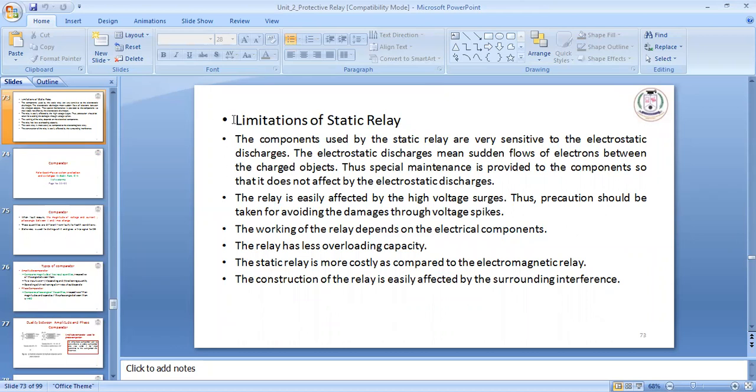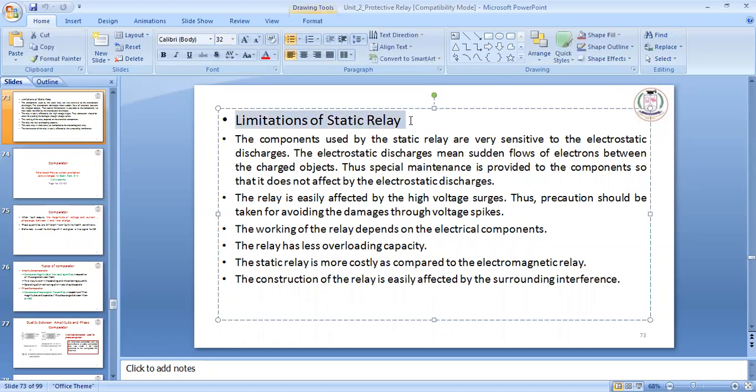Similarly, the static relay has various limitations also, like overload capacity. Overload capacity is very low compared to the electromagnetic relay, because the electromagnetic relay is able to withstand high current, but the electronic component will not be able to withstand that high current.